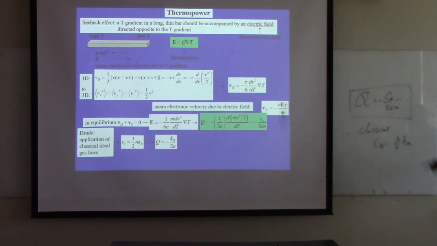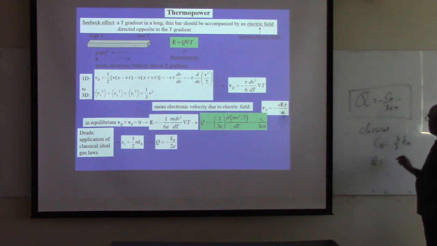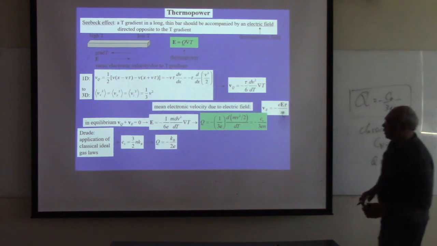If you take the derivative of this one and plug in here, then your C becomes now 3 over 2 times En. Then you have CV 3 over 2 kB, then divided by 3En. You can see 3 cancel, you get C, basically kB over 2En or something. 2E.